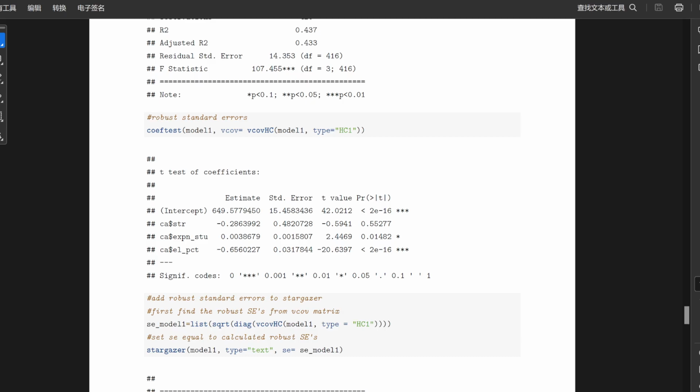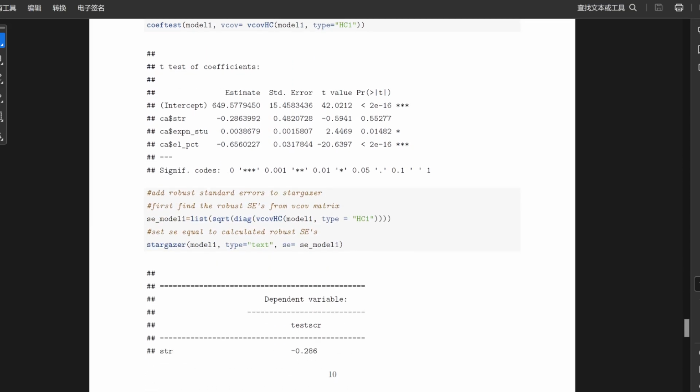So you first find the standard error for model 1, using the lm-square function. You can just copy and replace your model name for this model 1. And then you add the option se equal to your se model 1 to your Stargazer.